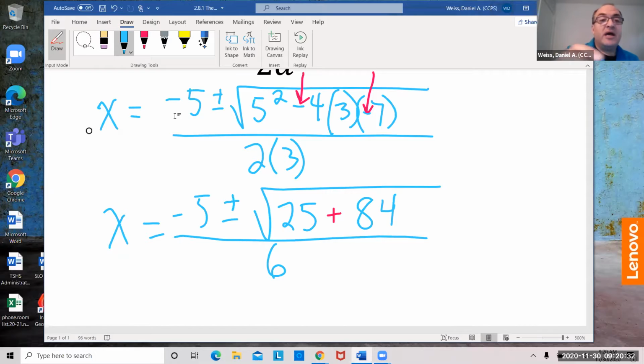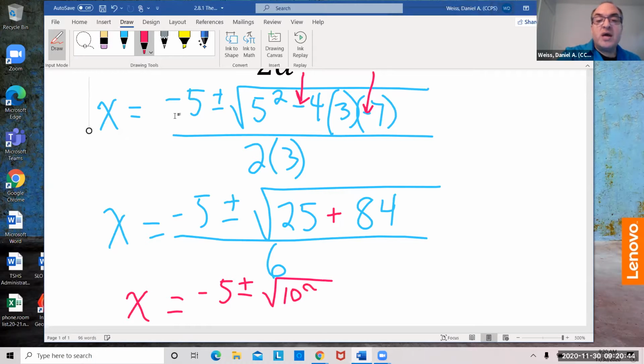And now all I have to do is finish. Just add 25 plus 84. X equals -5 plus or minus square root 109 all over 6. Okay.